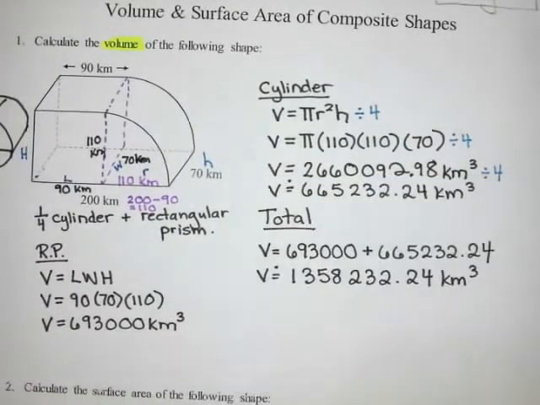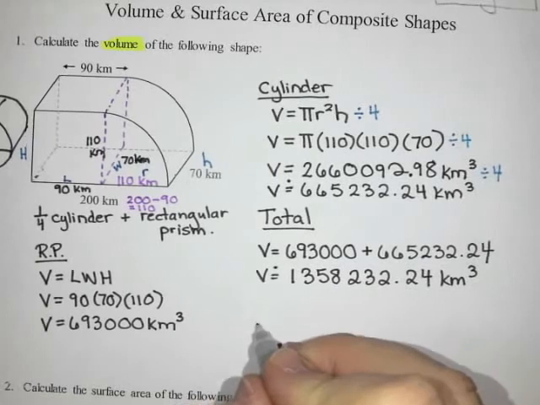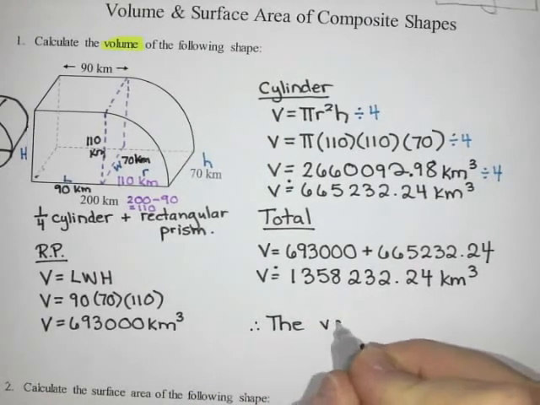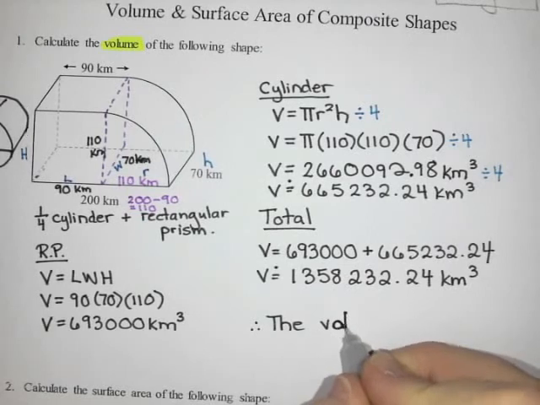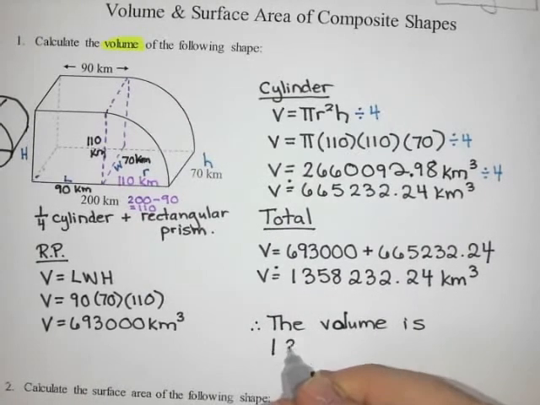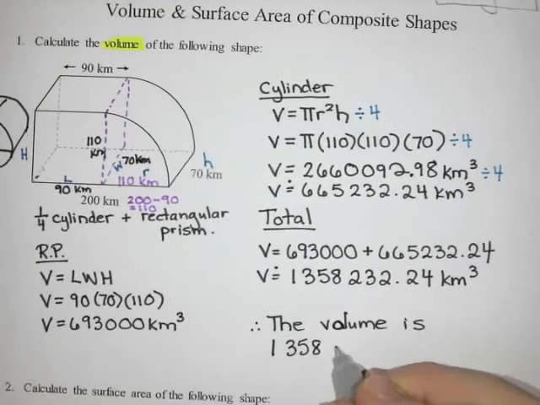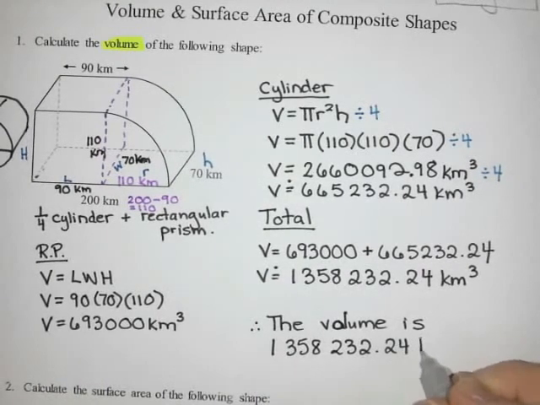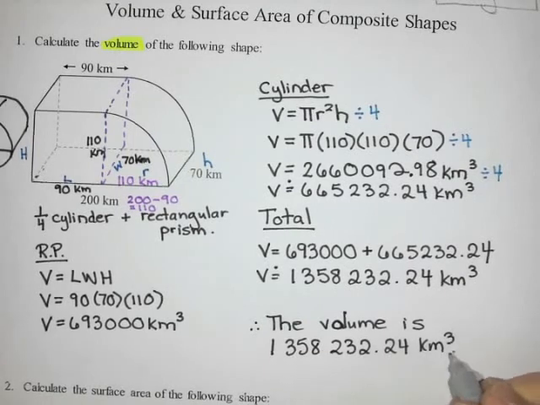So I forgot to put my approximately signs in. So that means, therefore, the volume is approximately 1,358,232.24 kilometers cubed.